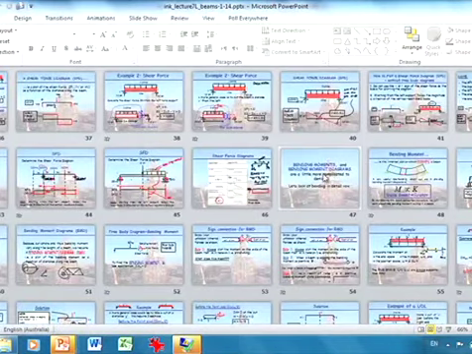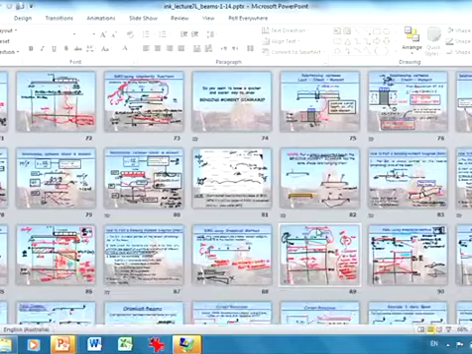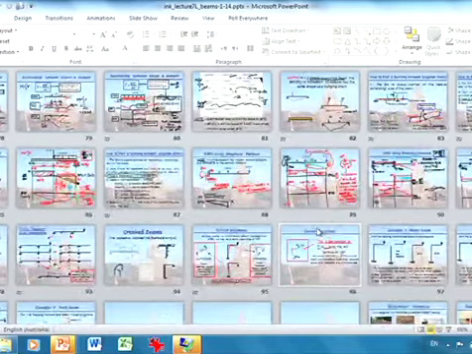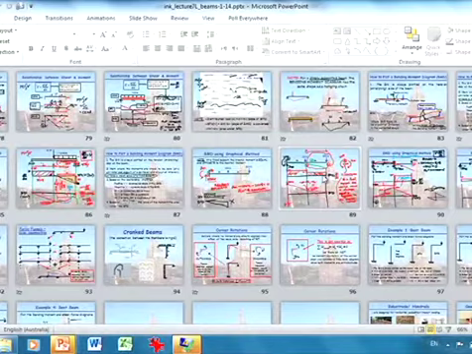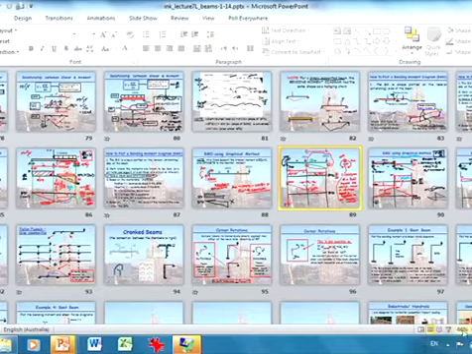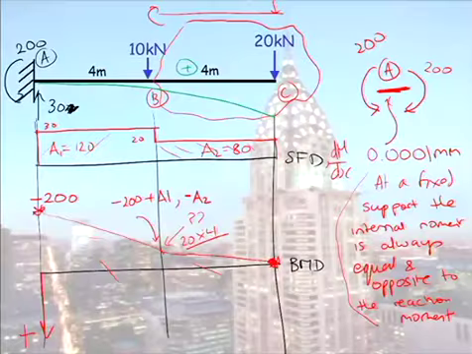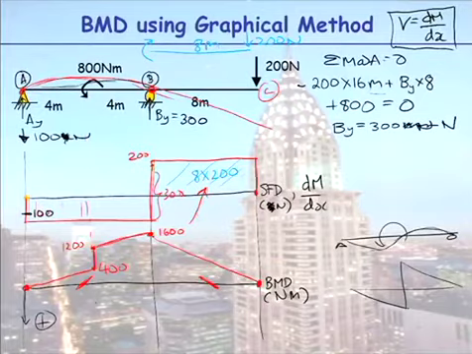Okay, so we're back with our bending moment diagrams, and I gave you some work at home, something to challenge you at home to do.